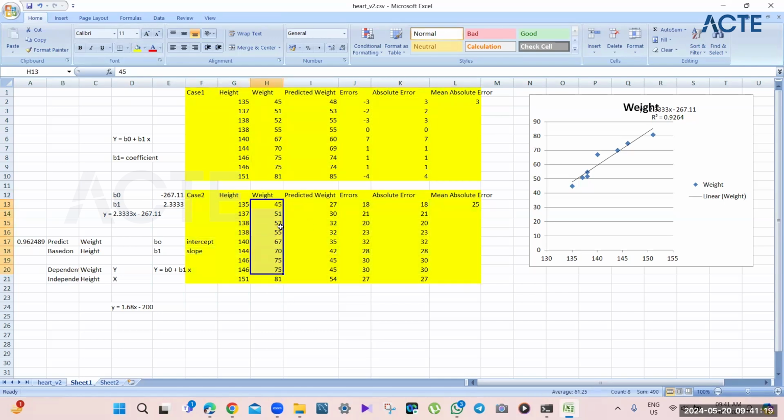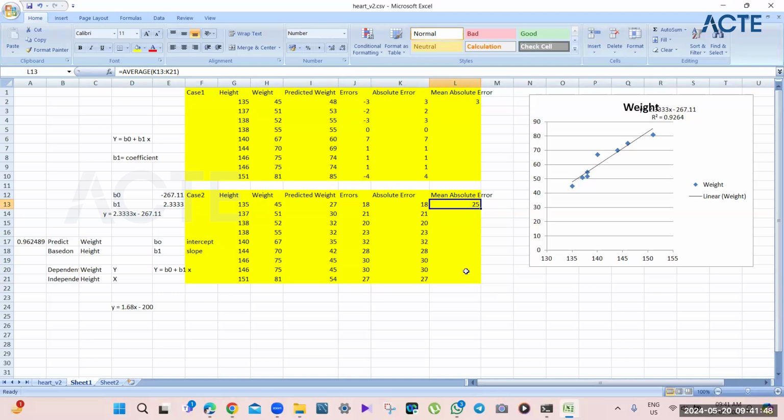These are the actual ones, taking the new line equation, which is now a different line which goes through something like this. It gives you new slope and intercept values, new coefficient values. Once you plug in, you get a different set of values. These are your predicted values, right? So the errors are also different, the absolute errors and the mean error are also different.